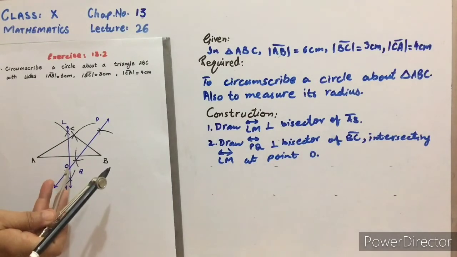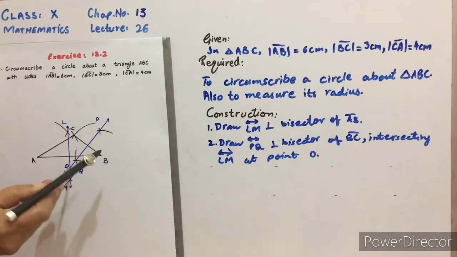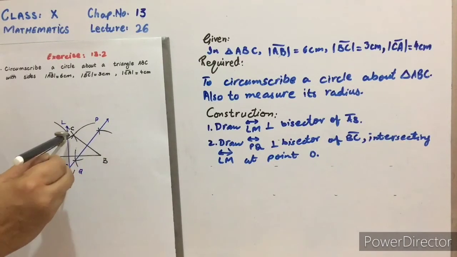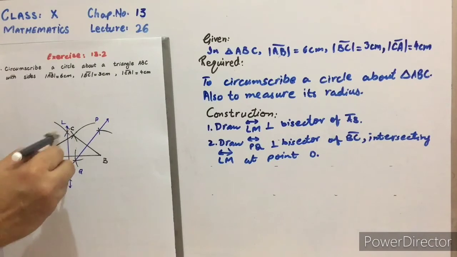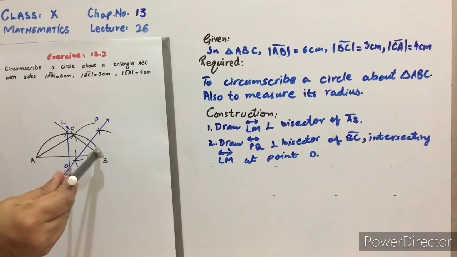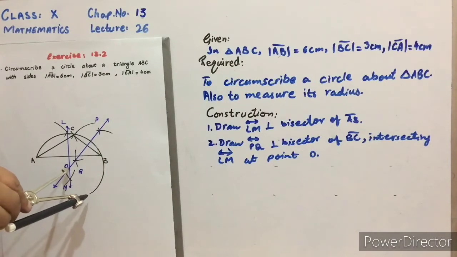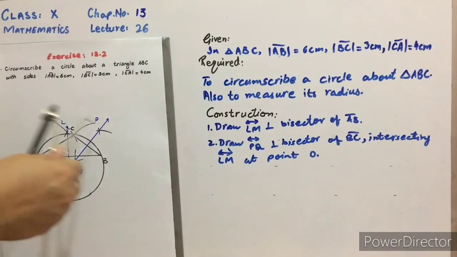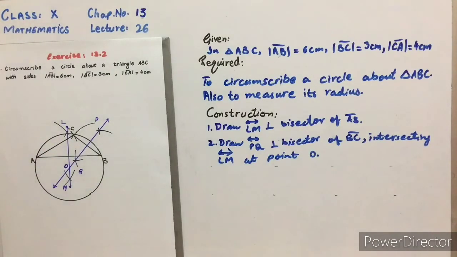With center O and radius OB or OC, draw a circle which passes through points A, B and C. So the circle is called the circumscribed circle, the center is called the circumcenter, and the radius of this circle is called the circumradius.